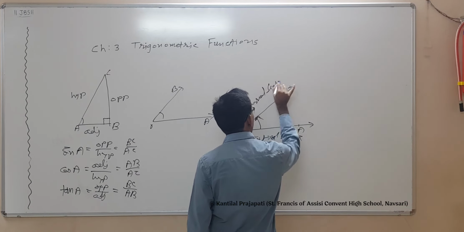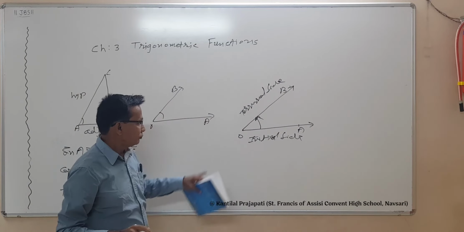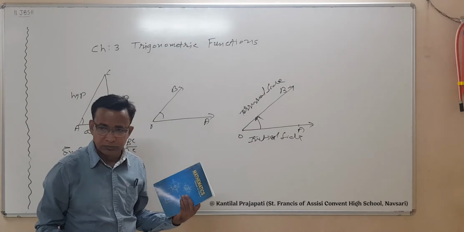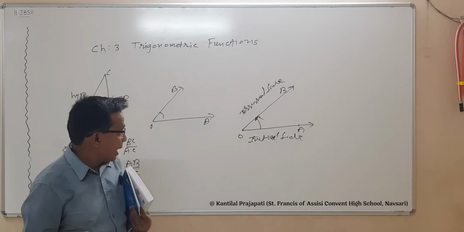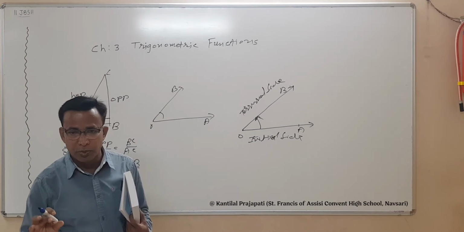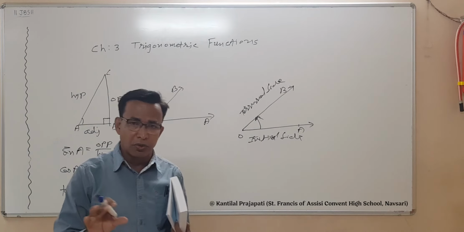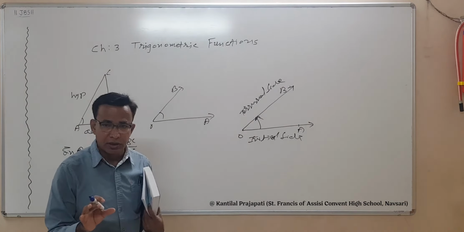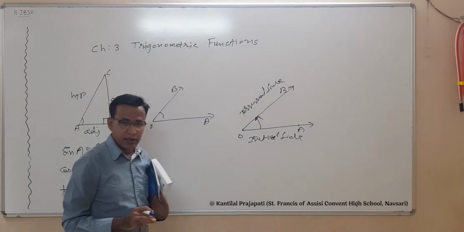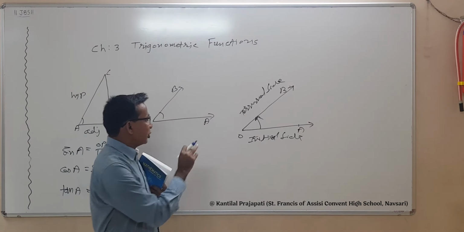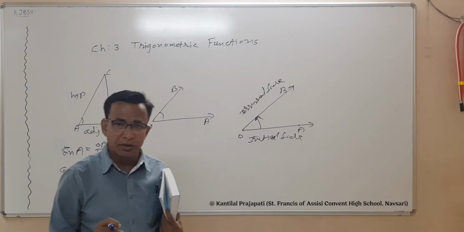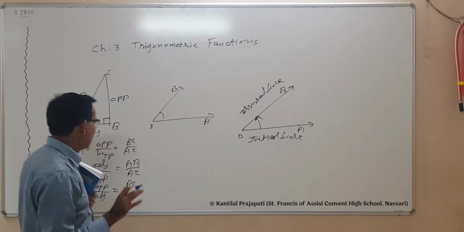And the initial point O is called the vertex of the angle. So in this way we define the angle.